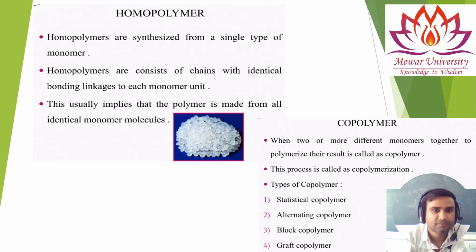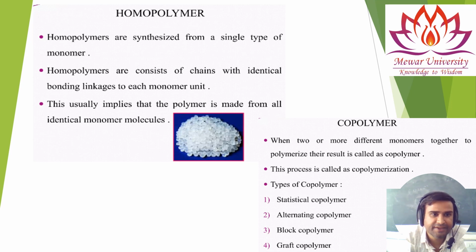Now homopolymers. What are homopolymers? These are synthesized from a single type of monomer, meaning monomers with similar properties that join together. Homopolymers consist of chains with identical bonding linkage to each monomer.